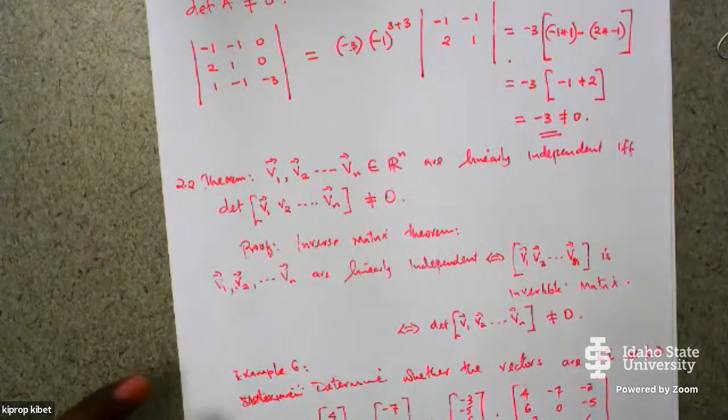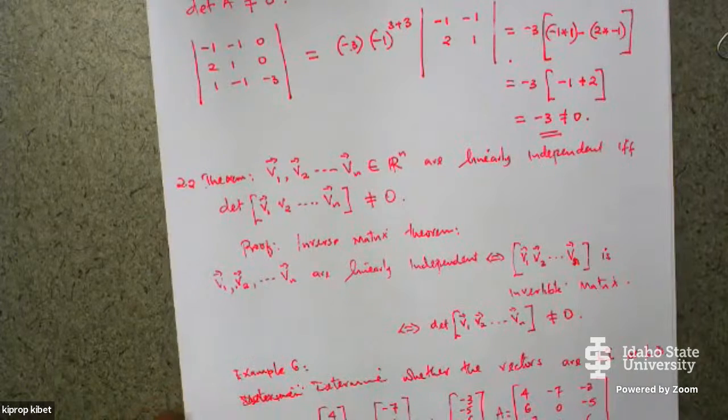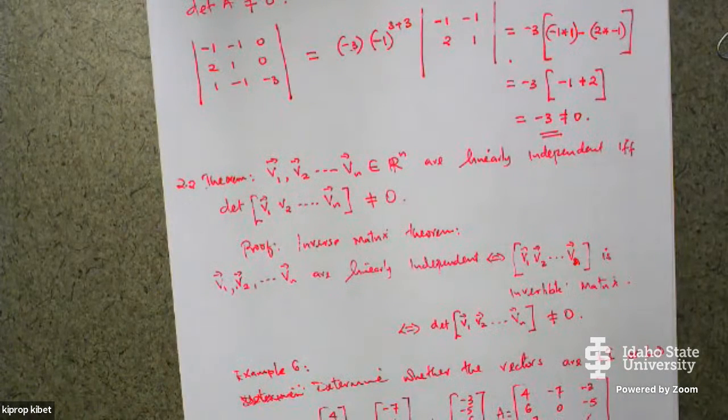What you get here is a determinant. If we let this matrix be A, then the determinant of A is equal to 11, which is not equal to 0. Therefore, the vectors are linearly independent.